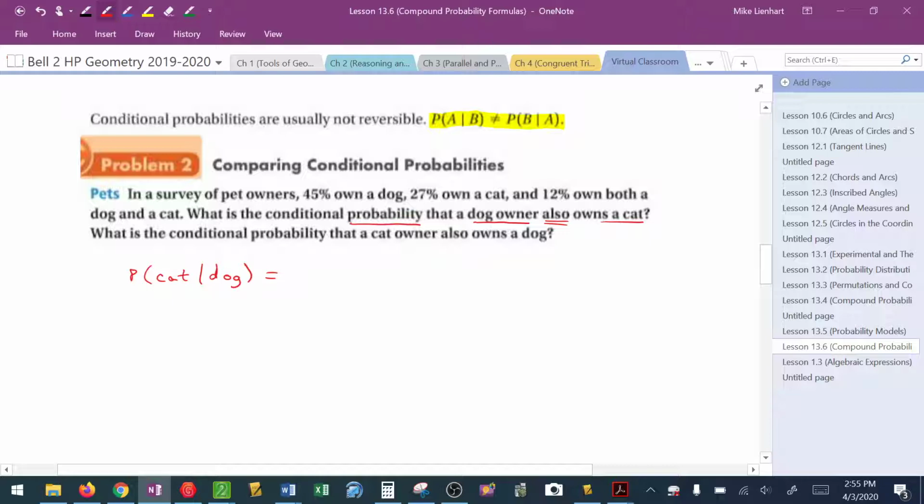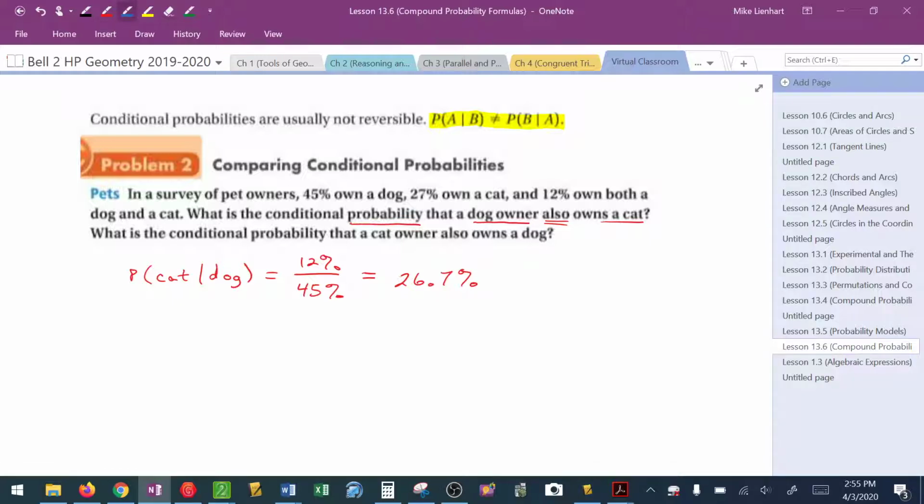That's 12%. And we're going to divide that by the probability of the given, which is the probability of a dog, or 45%. I went ahead before we did the video and figured all these out. 12 divided by 45 simplifies to about 26.7%.